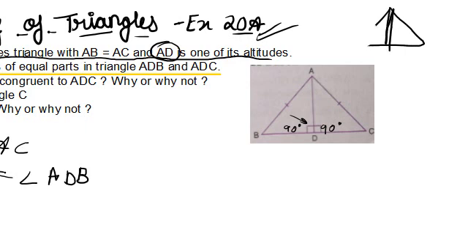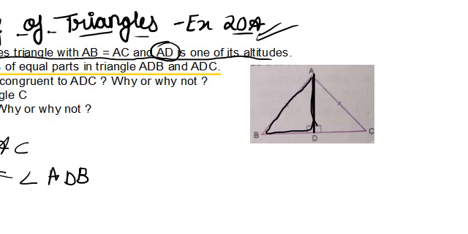So from point D all the way up to this point A. Now we have to see why this is equal. It is coming in ADB as well, and it is also coming in ADC as well. AD is the altitude in ADC and ADB.